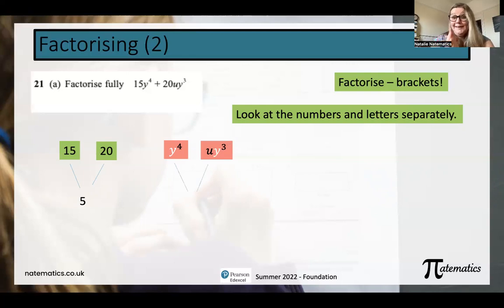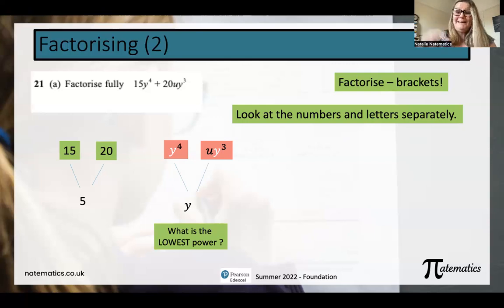So what we do with letters is when we say Y to the power of 4 is Y times Y times Y times Y. So we could just do that. If you weren't quite sure, you thought, right, okay, I'll expand it out to help me. And then Y to the power of 3 is Y times Y times Y. So if we were to write Y to the power of 4, how many lots of Y times Y times Y could we get out of it?